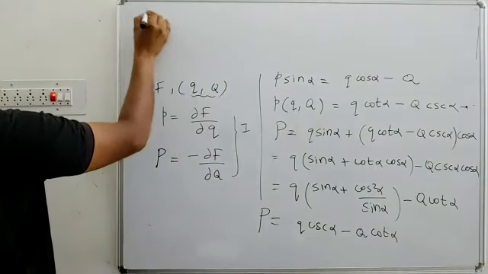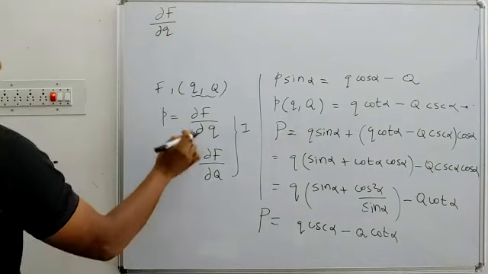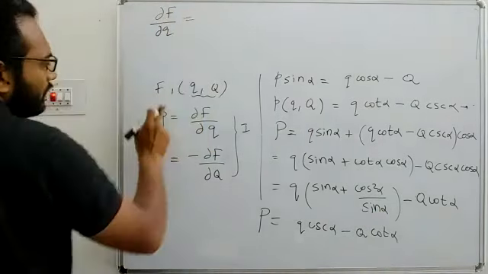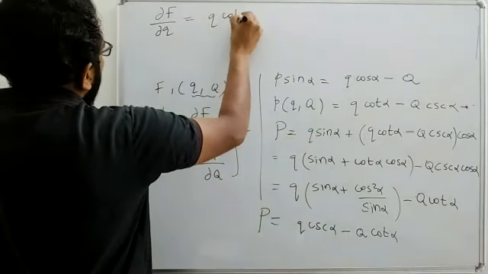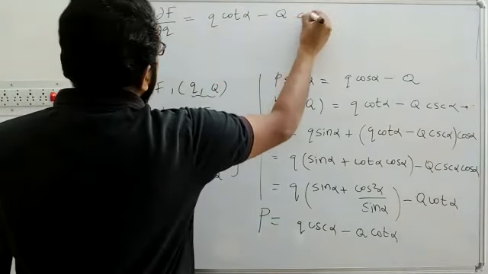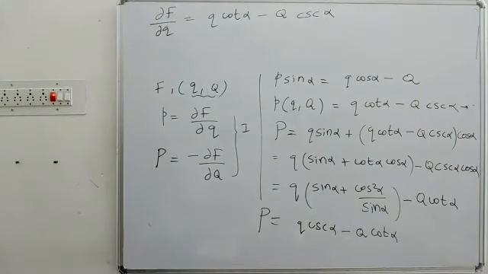So we say that the differential equation that we need to integrate first, we take one of these equations. Okay, you can also take this, doesn't matter. So you see that dou f by dou q is equal to small p, and small p is this q cot alpha minus capital Q cosecant alpha. Okay, right.